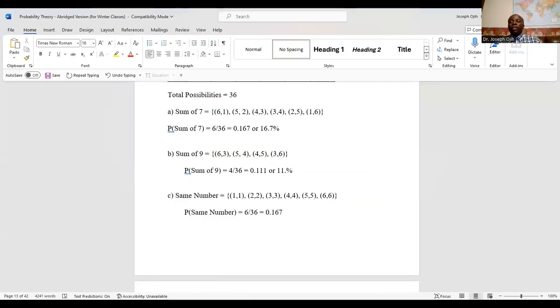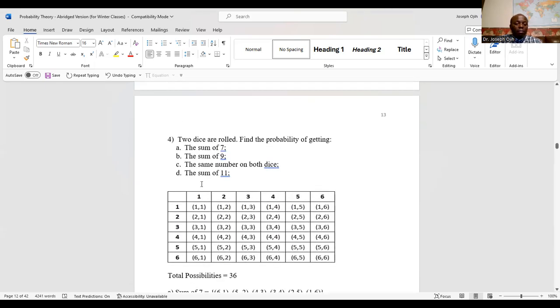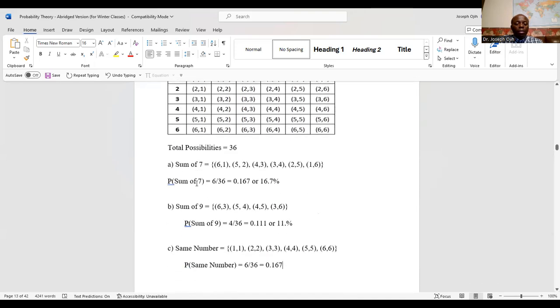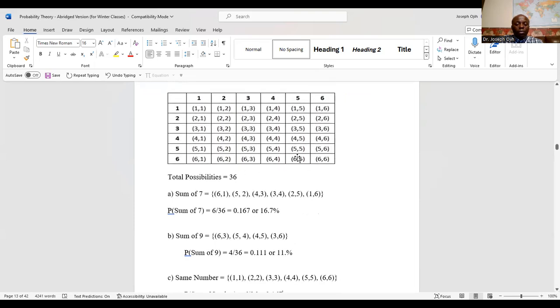Okay. Now the last one, before we end, will be part D. Find the probability of getting the sum of 11. So the outcomes for a sum of 11 are 6, 5, and 5, 6. Only two outcomes. 6 plus 5 is 11. 5 plus 6 is 11.